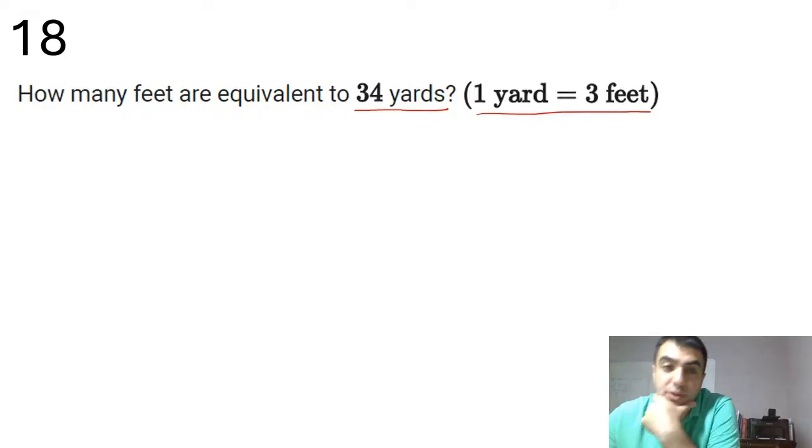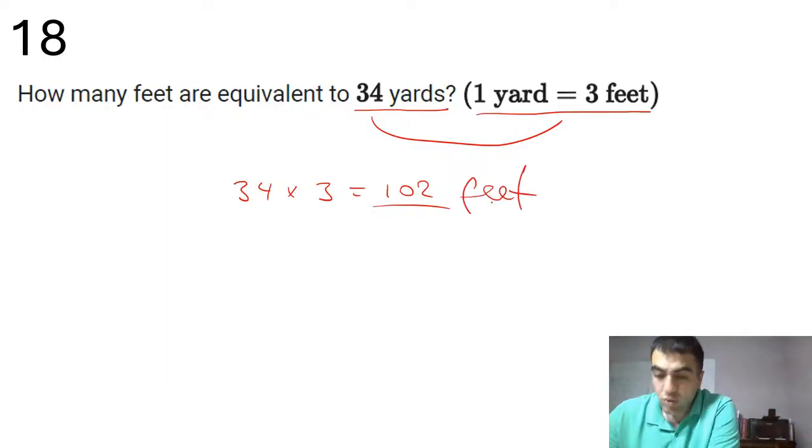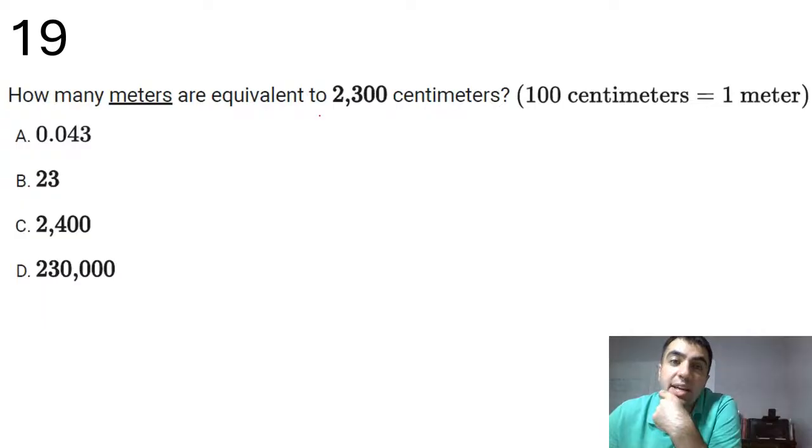Small says 102. Yes, we should multiply 34 by 3 and we are going to get 102 feet. You are right. How many meters are equivalent to 2,300 centimeters? And we know that 100 centimeters is 1 meter.